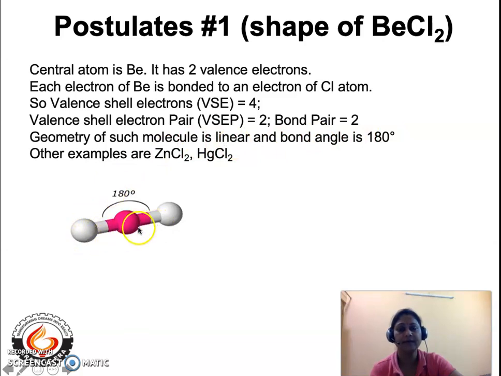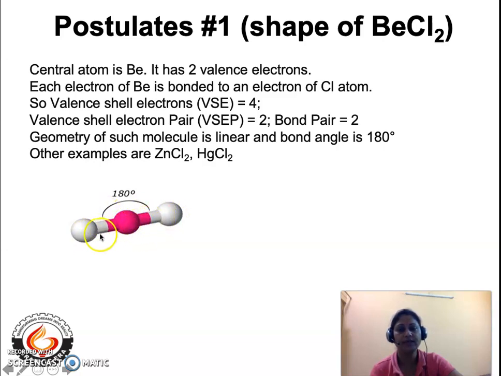So that means if a molecule has a total of 2 VSEPs, that means the valence shell electron pairs in the molecule are 2, and both VSEPs are involved in bonding. The 2 bond pairs will undergo repulsion and will align themselves in such a way that there is minimum repulsion between them.